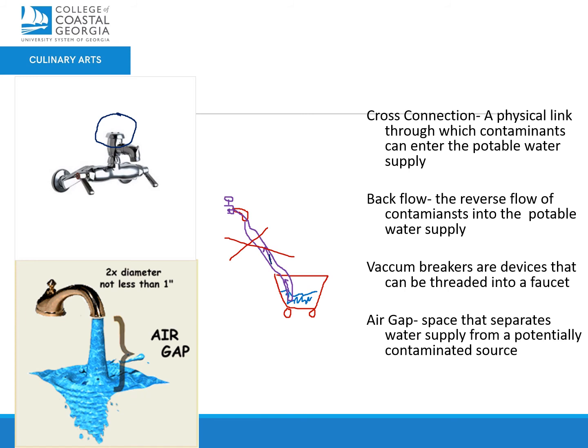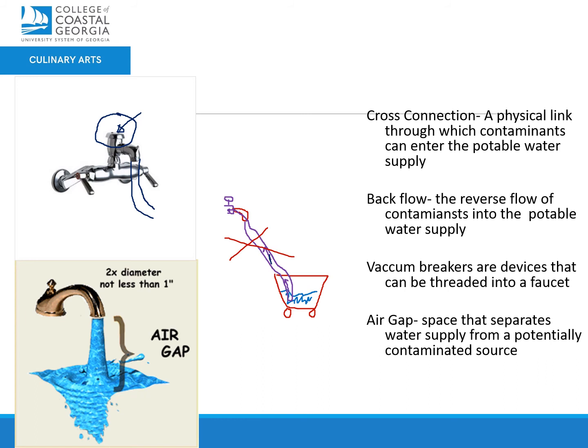It's got a diaphragm in there, and if there is a vacuum, like if this faucet had a hose attached to it and the hose got thrown in something, this diaphragm opens up and sucks air in and breaks the vacuum so that it cannot siphon water back into the facility. So vacuum breakers are something you should have.